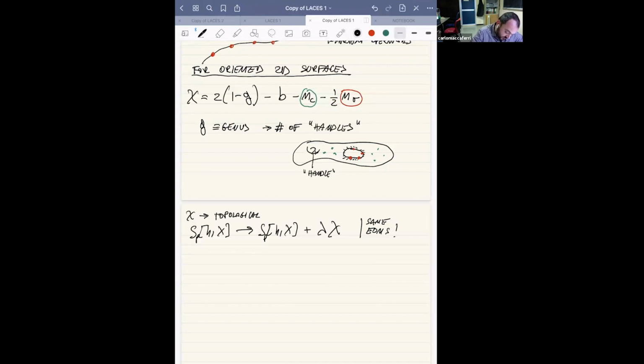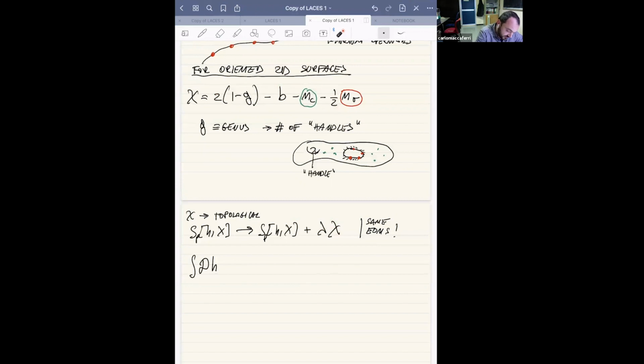Because when I do the integral over the metric, it's true that this term here doesn't feel local variation of the metric, because it's a topological invariant, but for sure this term here is sensitive to the topology of the worldsheet because of this expression here.